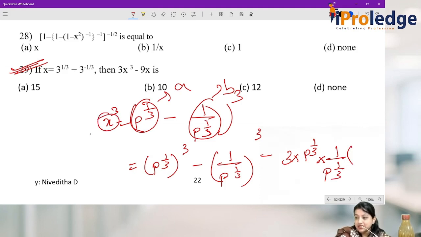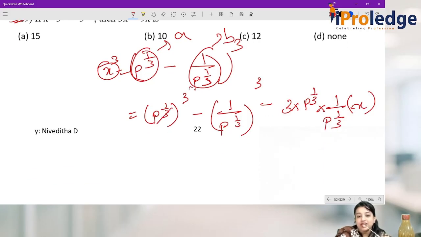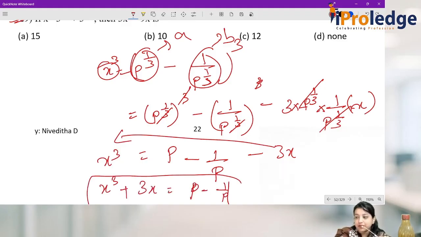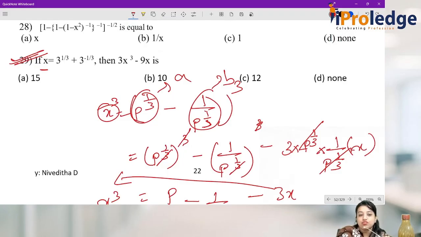X. So your 3 and 3 get cancelled, remaining p, and 1 by p minus p to the power of 1 by 3 gets cancelled, it is 3x. So x cube: bring minus 3x to the left hand side, x cube plus 3x equal to p minus 1 by p. Got it? So again you have to do the 29th one the same way. First, you have to get the answer in 2 steps.